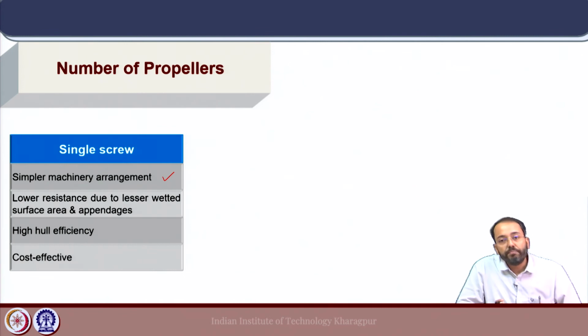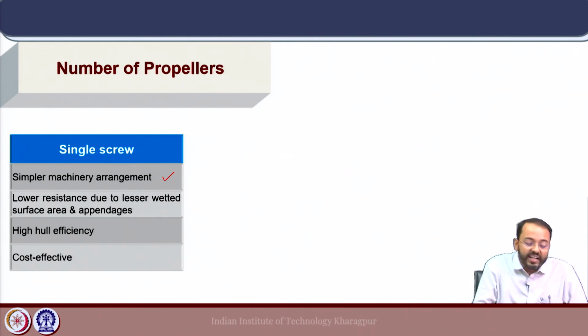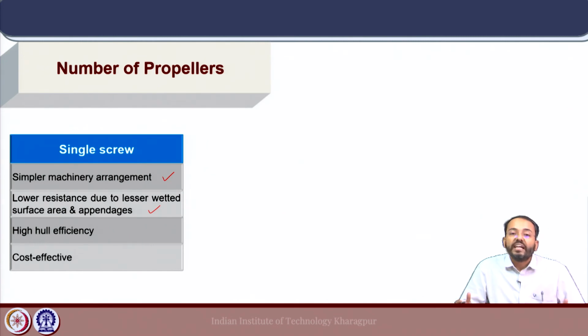So, the machinery system is simple. We have one engine, one set of supporting structures for the propeller, and this also leads to lower resistance, because of the lesser wetted surface area for the appendages which are required for the propeller shafting system.